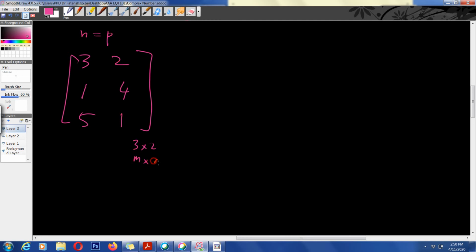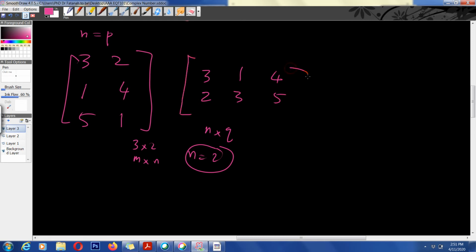It is m times n, so the other matrix should be n times q. You should have n equal to 2, so the row count should be 2. So we have 3, 2, 1, 3, 4, and 5.